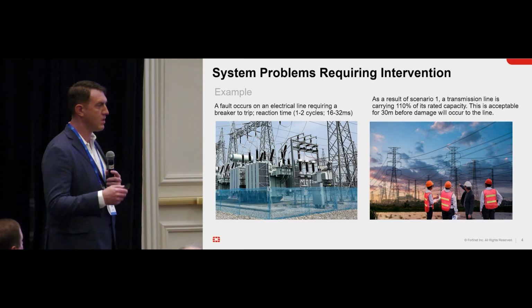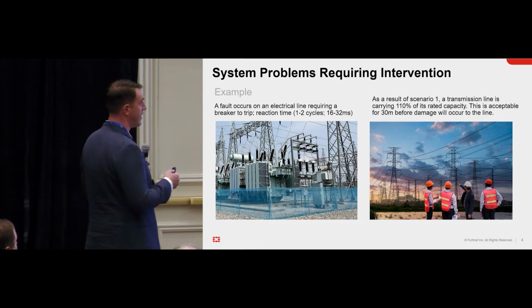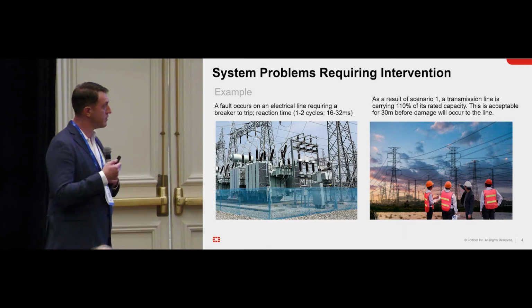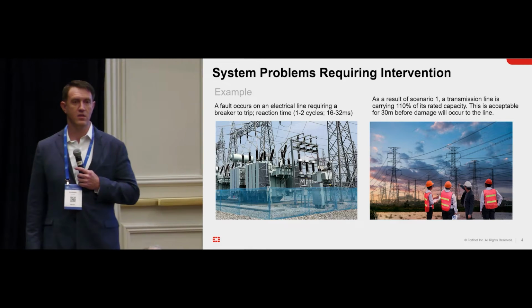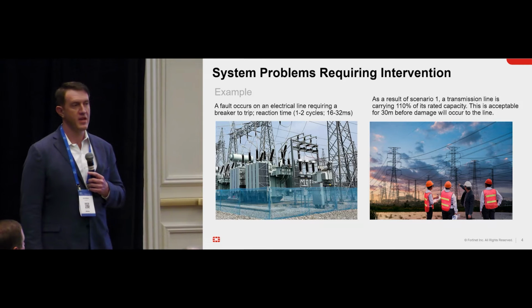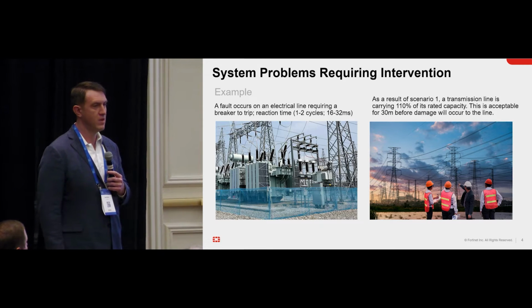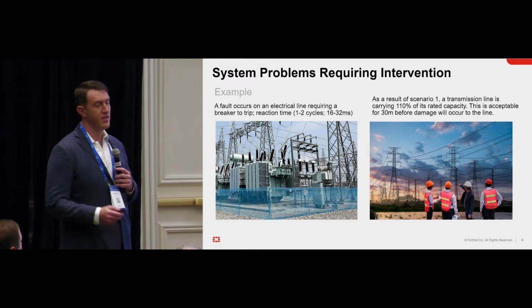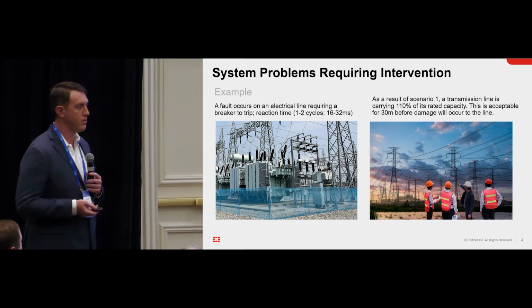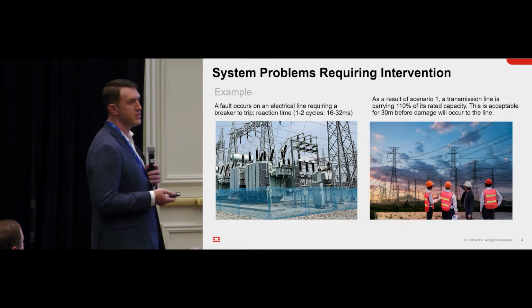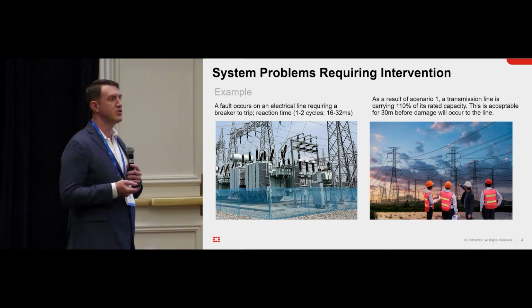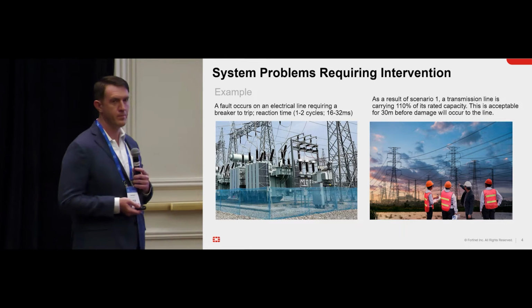And you have to backwards plan that. And what you usually end up with is you have 1 or 2 cycles, which in North America is 16 to 32 milliseconds, to be able to trip, right? Including breaker operation. That is obviously well beyond the ability of a human to make a decision, right? So we have engineered systems for that, okay?